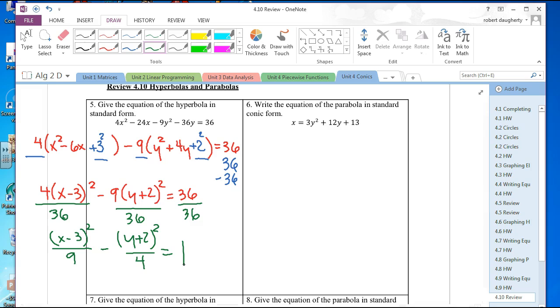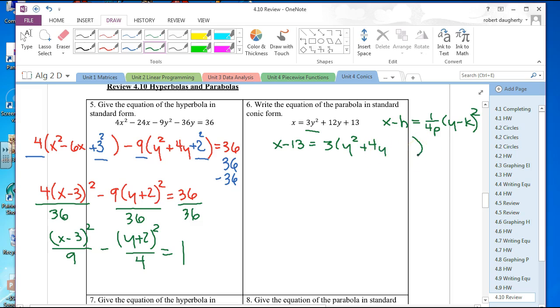The next one is the parabola. I only see a y squared, so that means I am after it looking like this: x minus h equal 1 over 4p, y minus k squared. That's the form that I'm after. So let's keep the y's on the right side. I'm going to have x minus 13 equal 3, y squared plus 4y.